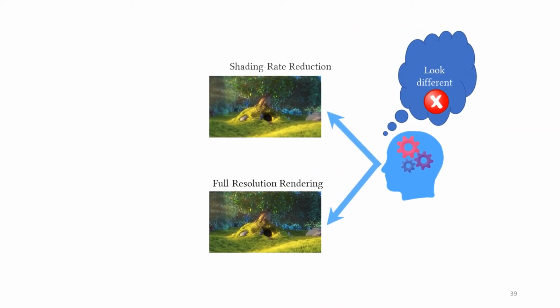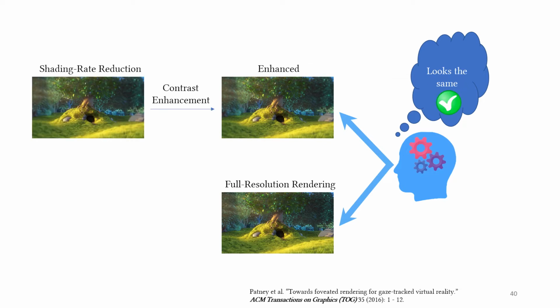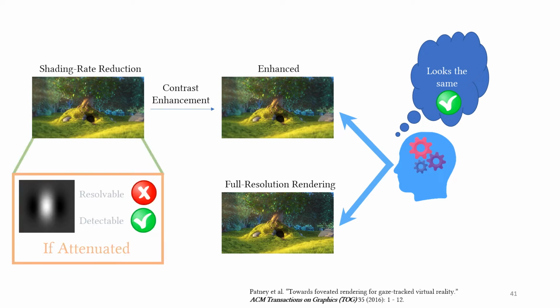The thing is, reducing the shading rate provides significant computational benefits, and we would like to push this reduction as much as possible under the constraint that there is no detectable loss in quality. So what's the solution? A very elegant approach is to boost the attenuated spatial frequencies using eccentricity-dependent contrast enhancement. And this works considerably well, provided that the detectable spatial frequencies are only attenuated.